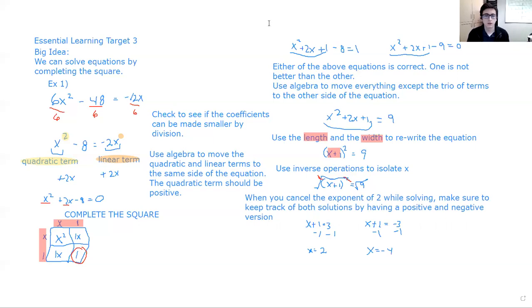So this is +3 and this is -3. And then these are your 2 solutions. All right, and that is how you solve by completing the square.